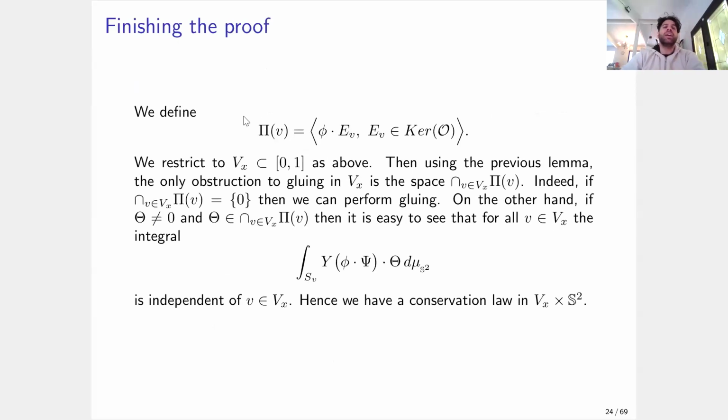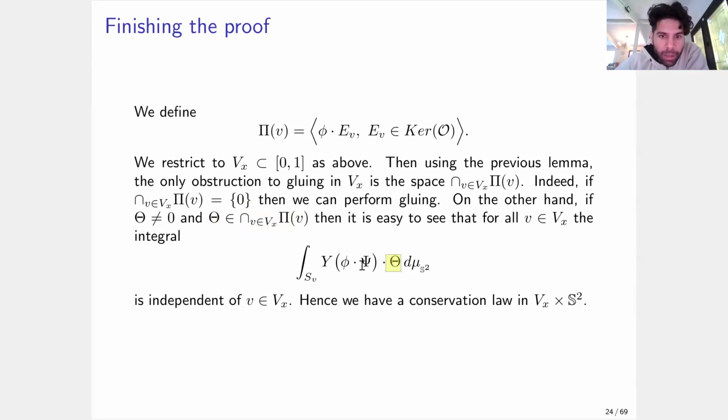Anyway, the second observation is that if you have at every point that kernel, and those kernels have an intersection, then the functions which are in the common kernel for all your sections generate a conservation law.